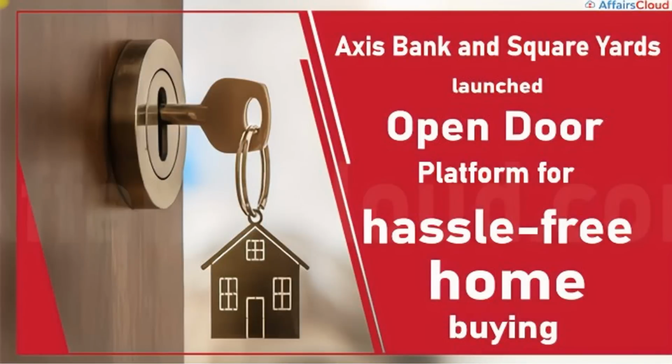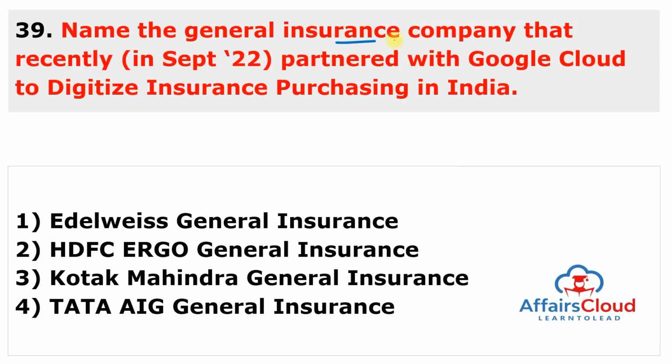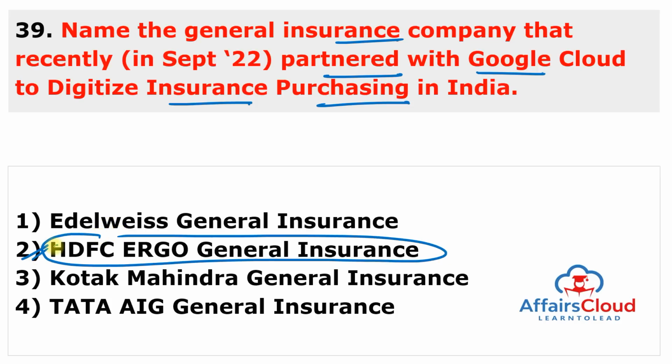Moving to the next question. You can also see here Axis Bank and SecureYard launched the Open Door platform for hassle-free home buying. Name the general insurance company that recently partnered with Google Cloud to digitize insurance purchasing in India. Very simple question, static question. Remember the question as it is in the slide. The answer of this question is HDFC Ergo General Insurance.